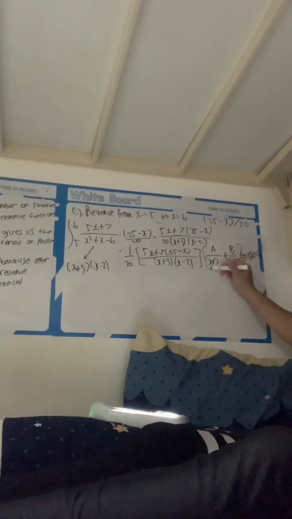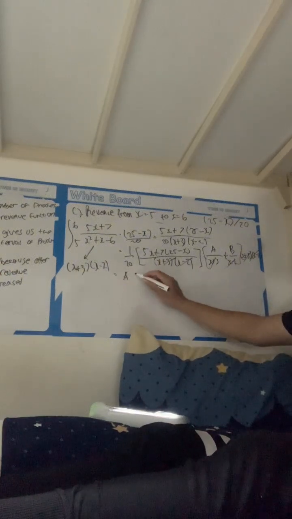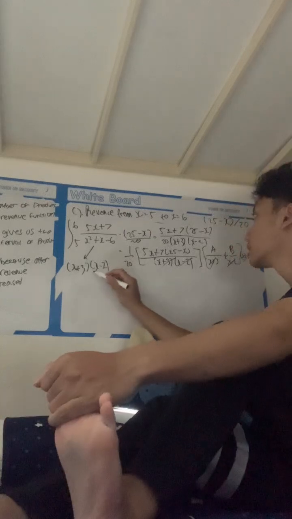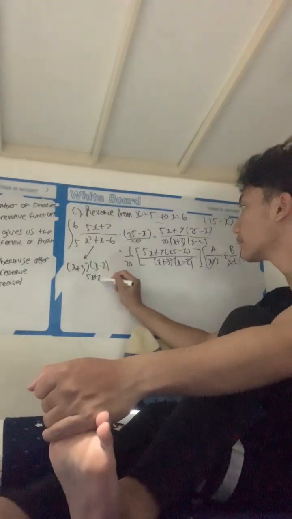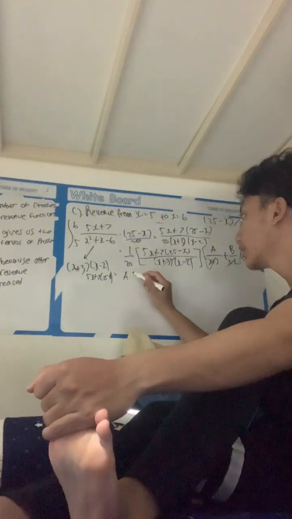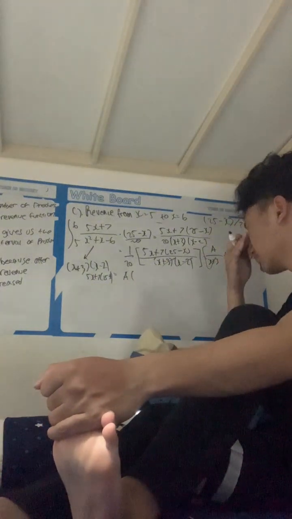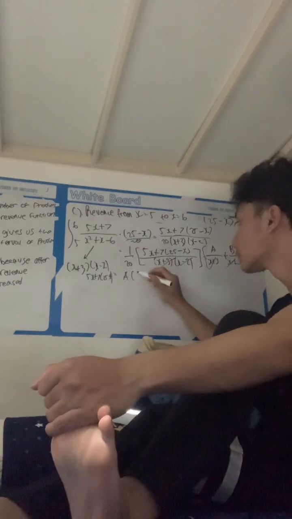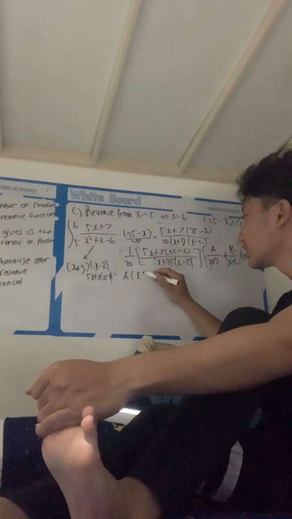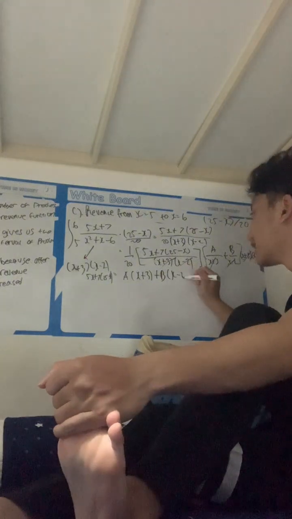Okay, so this will cross out, so for this is 5x plus 7, 25 minus x here. So the a is times x plus 3, and the b is x minus 2.